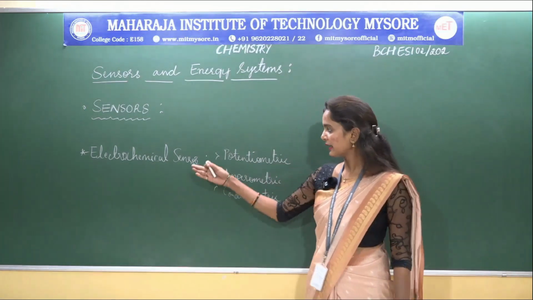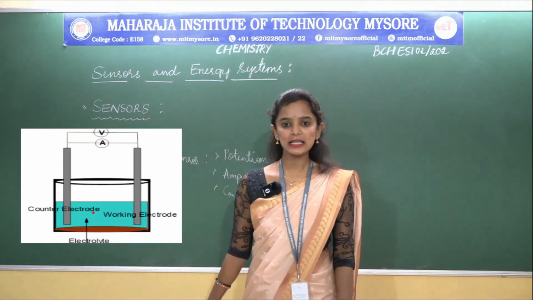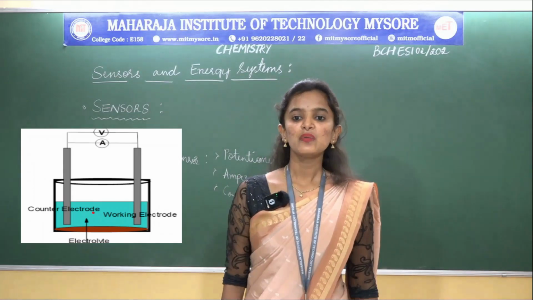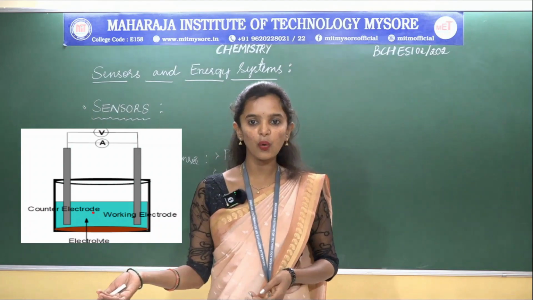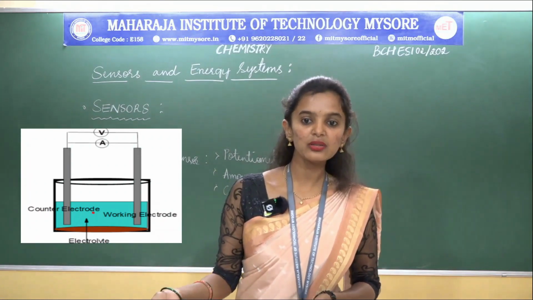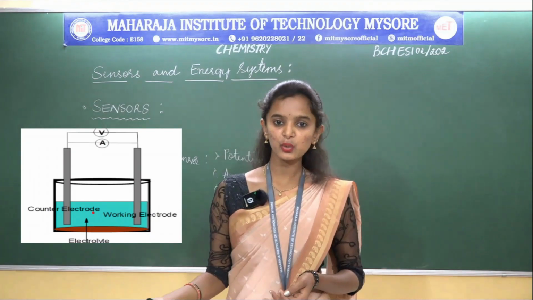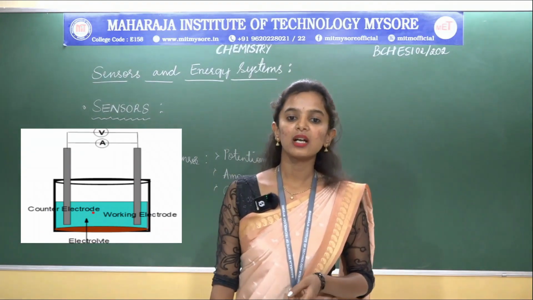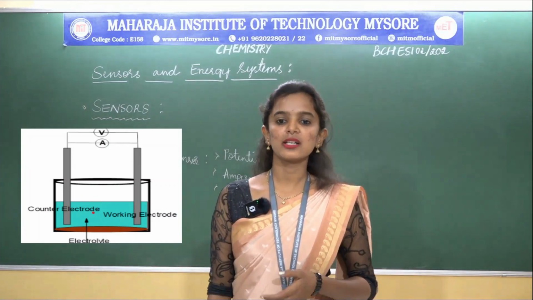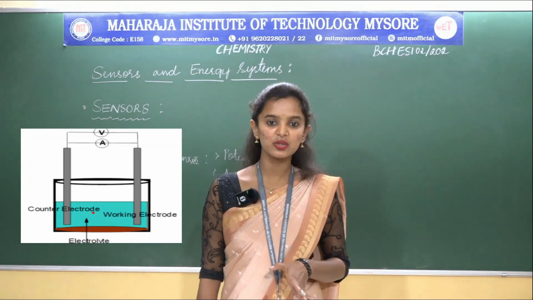Under the types of electrochemical sensor, the amperometric sensor is the second type, which is similar to the potentiometric sensor, consisting of an electrolyte solution in which the electrodes are immersed and 2 electrodes which must obviously be present. But the amperometric sensor is operated under an externally applied fixed voltage.